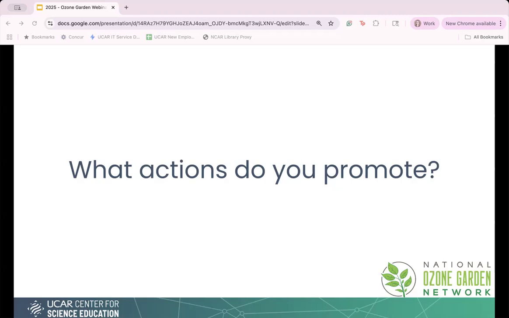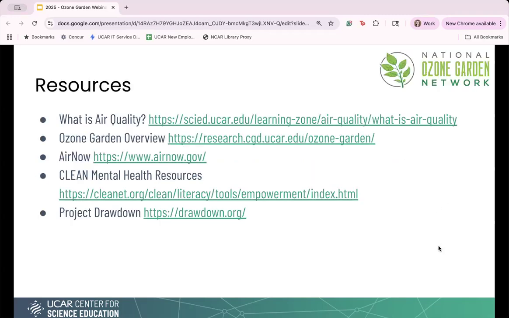Well, with that, I'm going to share my resources, and then we're almost finished. On this slide, I put the different resources I referred to. Again, on the SciEd website, what is air quality? Then the Ozone Garden website, also AirNow for local air quality measurements, a resource for mental health, and also Project Drawdown, looking at solutions.